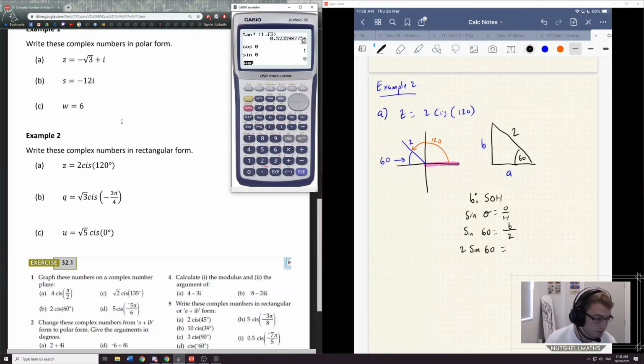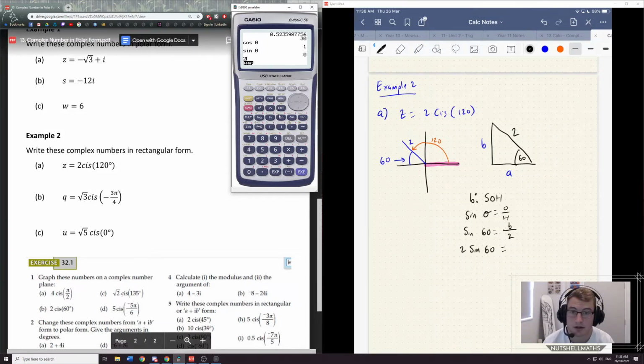On your calculator, 2 sine 60. Yes, that's right. 1.73 is the same thing as root 3, because I just know that. So b is root 3.